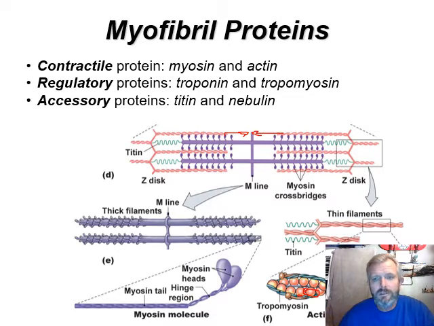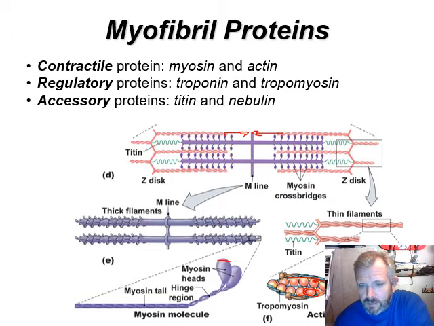Okay, there are four other proteins here, but let's first look at these two. These regulatory proteins are this troponin, this little brown protein here, and this green string-like protein is tropomyosin. What you see taking place here is that the yellow region, the region the myosin heads will bind to, is covered by tropomyosin.